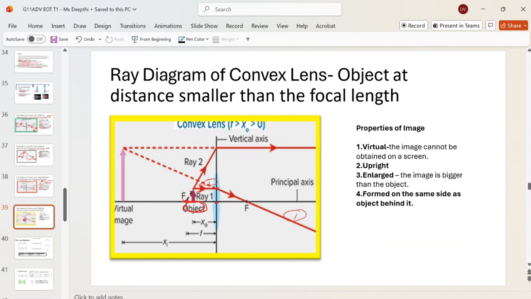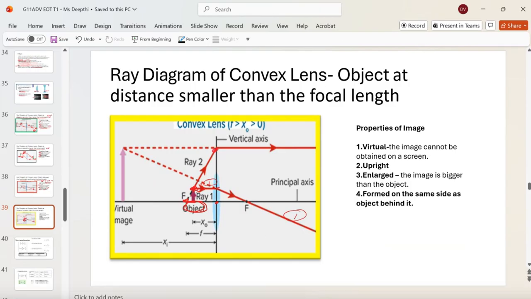Then second, it has to come through the focus and go straight, right? But the focus is already behind the object. So how do you do it? You keep a ruler on the focus and on the object and extend the line to the lens, so that you know where the middle line of the lens is.